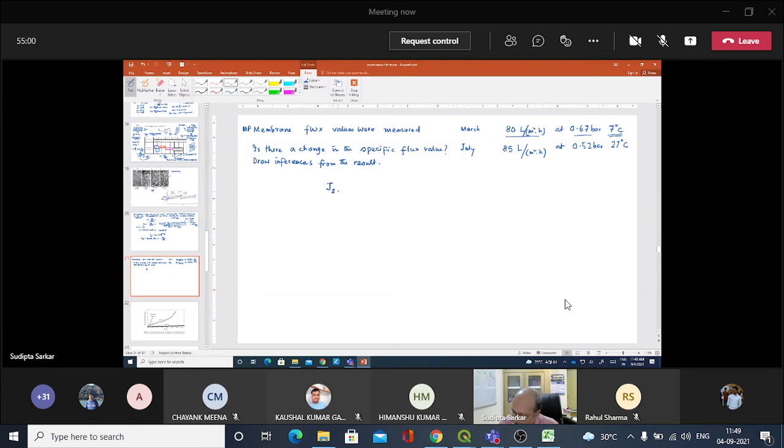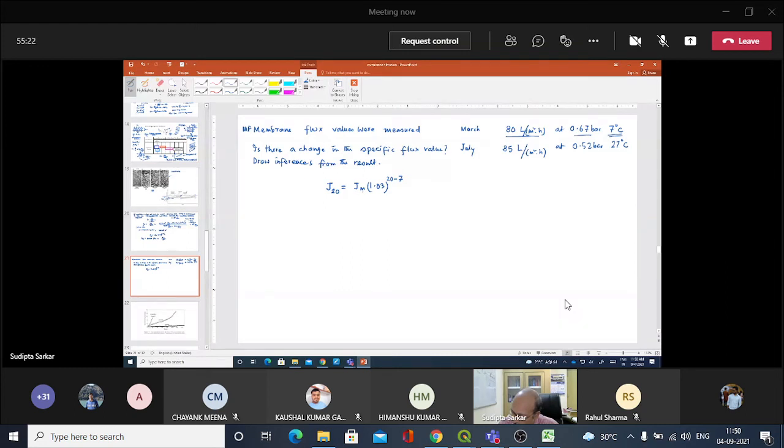So J20 equals Jm into 1.03 to the power 20 minus 7.